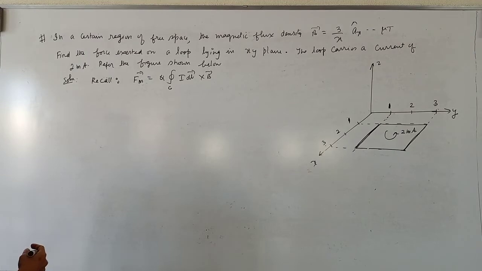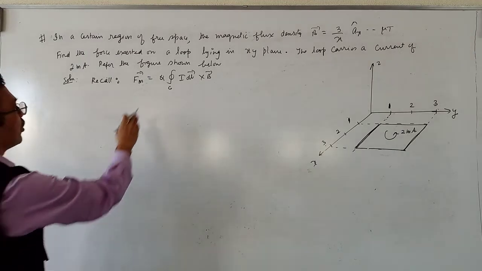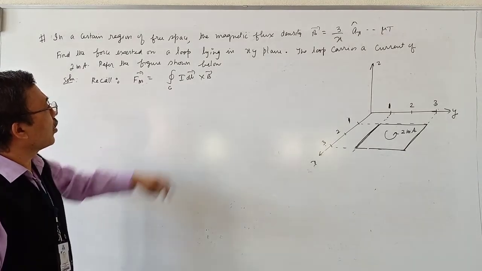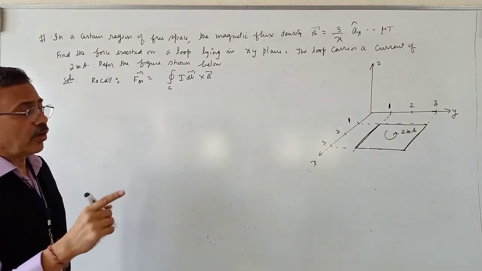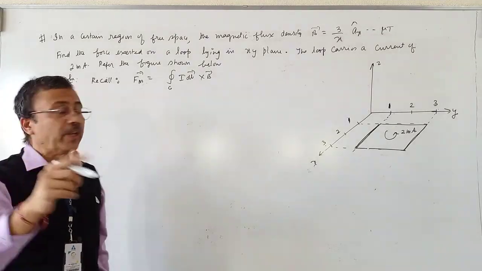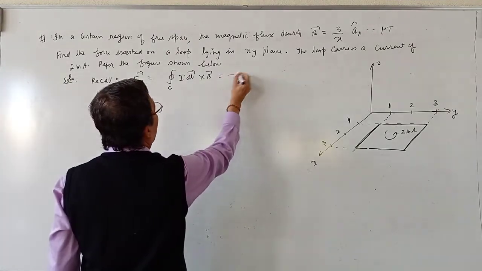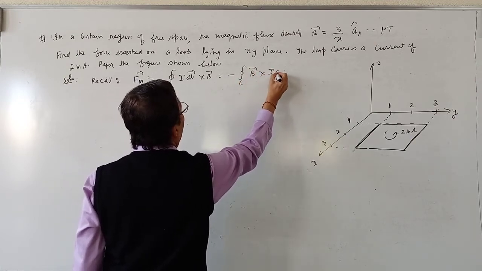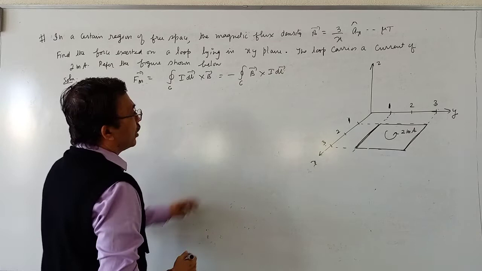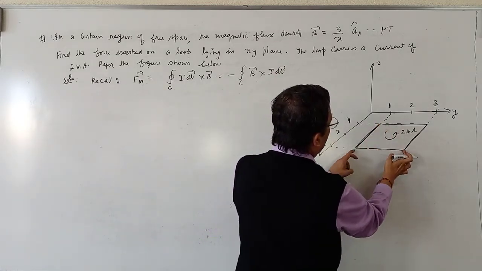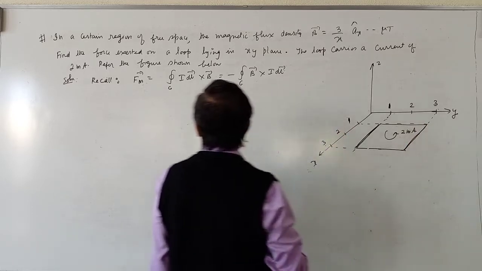Contour integral C of I vector dl cross B. Cross product is not commutative, that means A cross B is minus B cross A. So this is nothing but minus the contour integral C of vector B cross I dl. The closed path here is made up of 4 straight lines, 1, 2, 3 and 4.